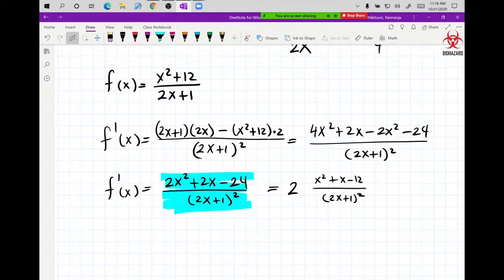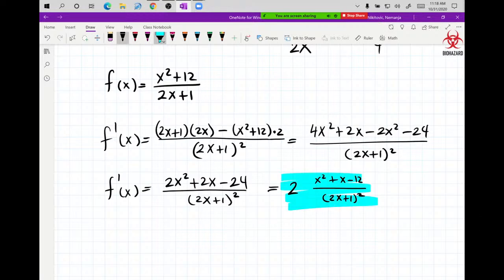Well, I can use this one for everything here, because when I start taking the second derivative, this 2 gets copied. It's a constant. And then you just have a quotient rule again for all of this nonsense here.